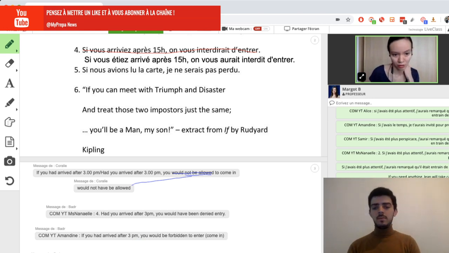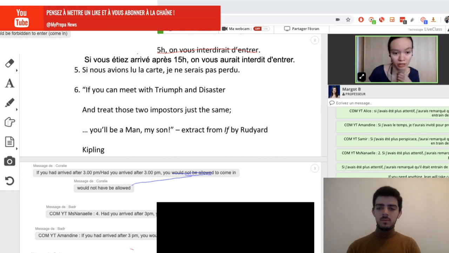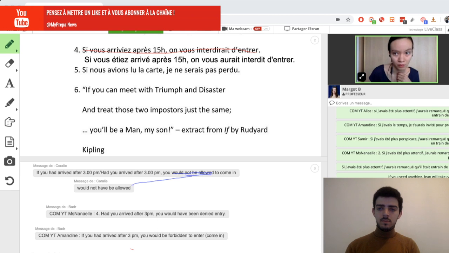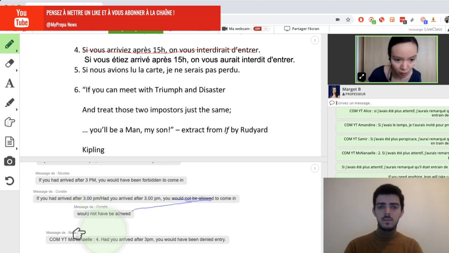Donc, dans ce cas-là, pour indiquer l'après-midi, on met PM, or in the afternoon. Voilà. Donc, pendant que vous traduisez les prochaines phrases, je vais un peu faire les corrections. Voilà. Si jamais vous aviez voulu, but I mean, well, you did. If you had arrived after 3 p.m., you would have been denied entry. Would also have worked.